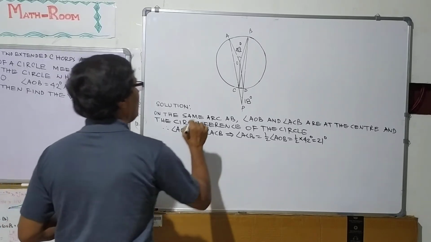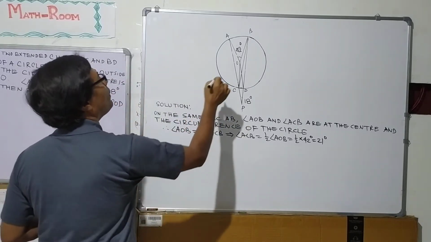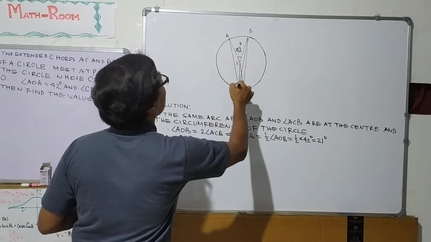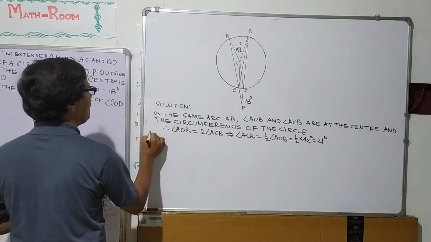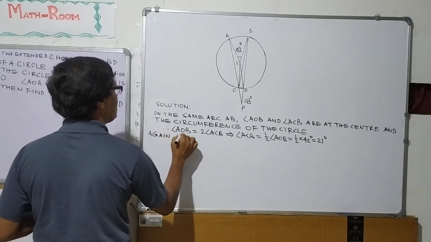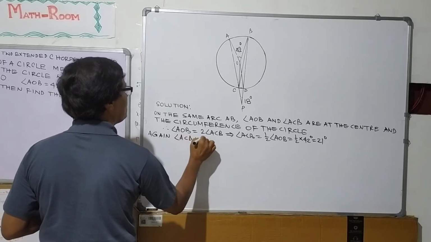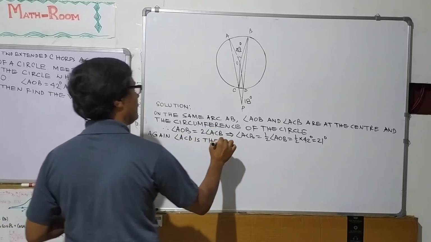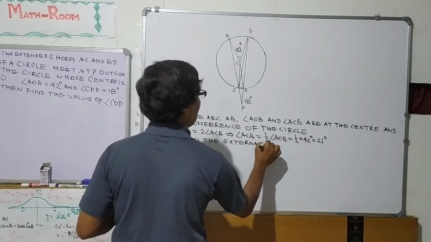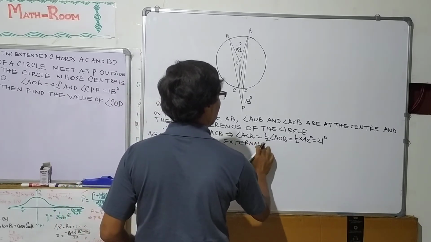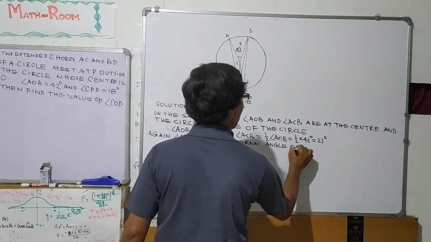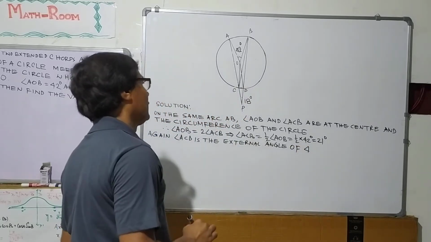Now, the angle ACB is the external angle of triangle CPB.